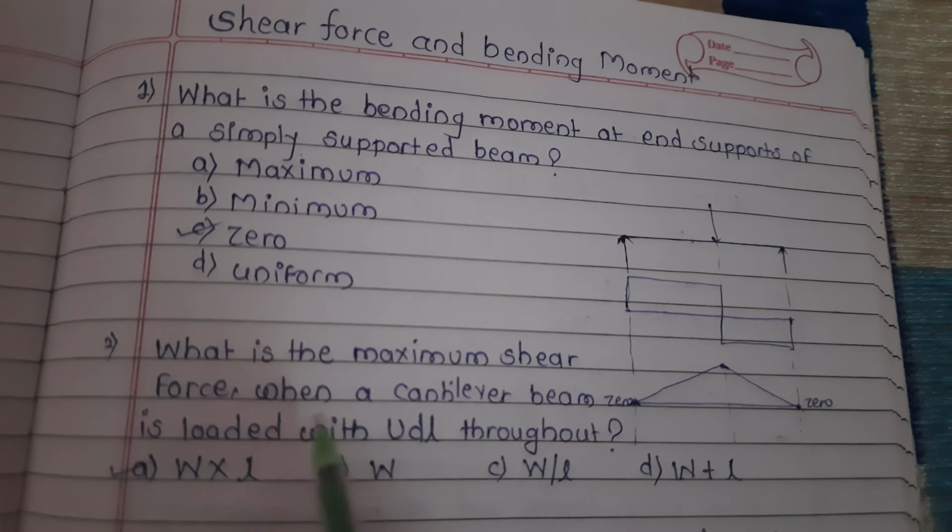The cantilever beam is loaded with a UDL of W and length L, so the maximum shear force at the fixed end is W into L.